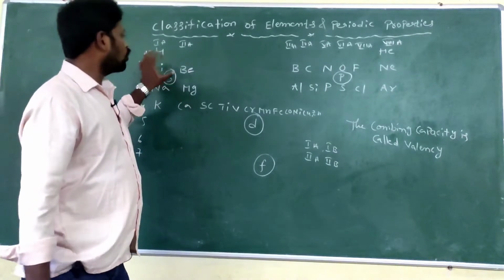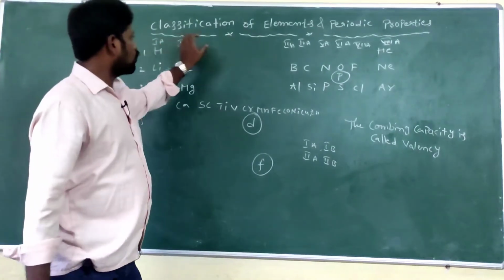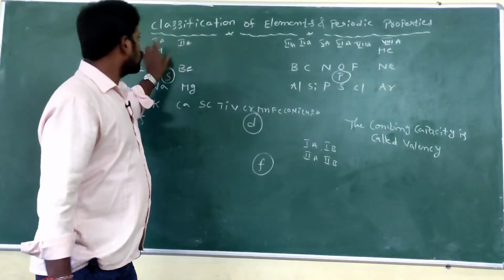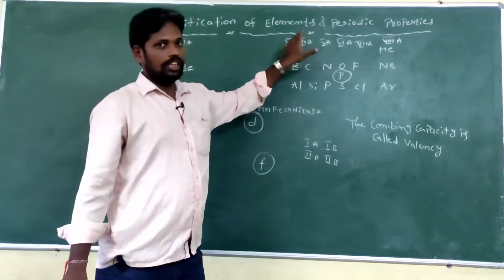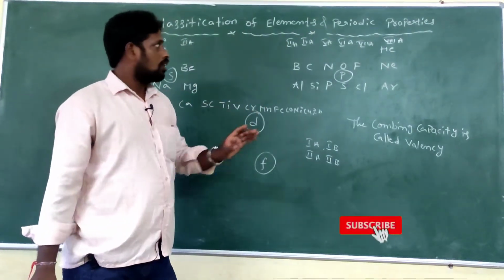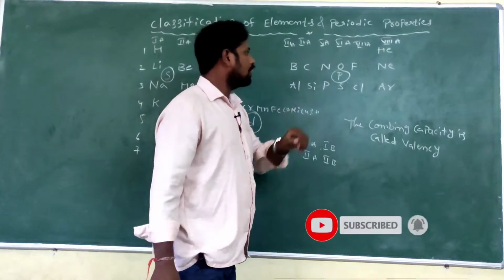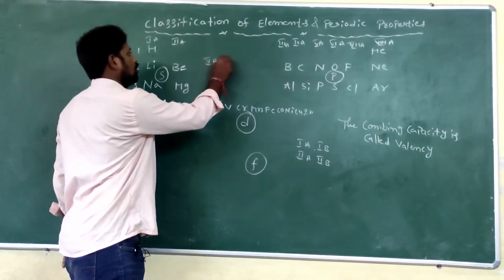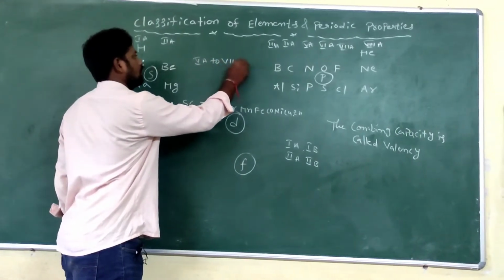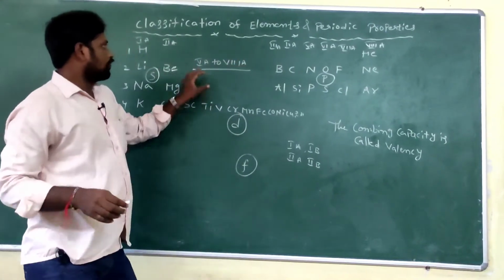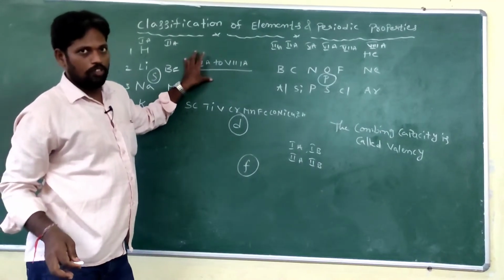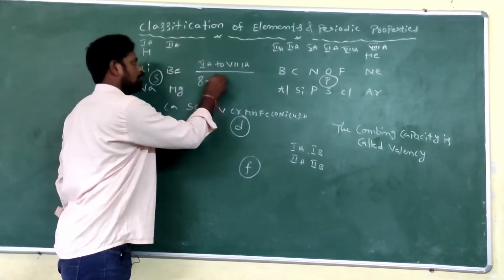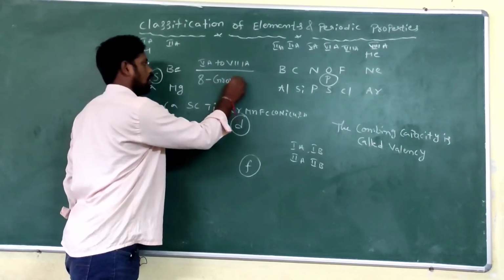How do you find the valency? From the 1A group to the 4A group, the valency is the same as the group number. From the 5A to the 8A group, you apply the formula 8 minus group number.